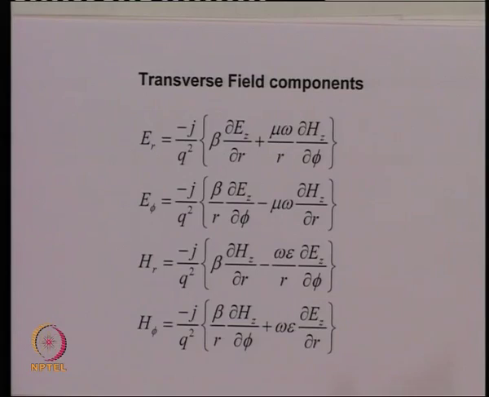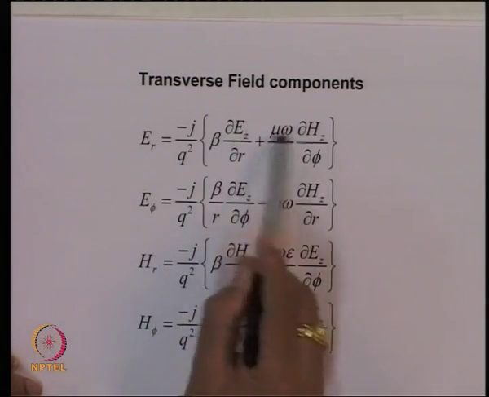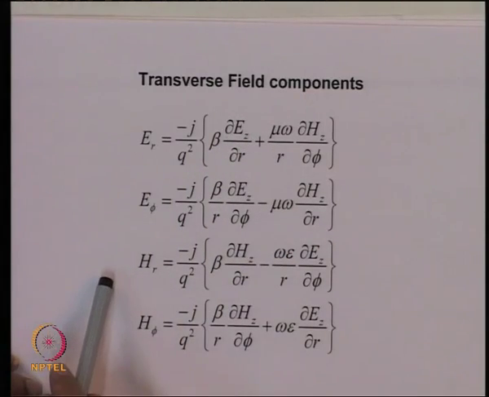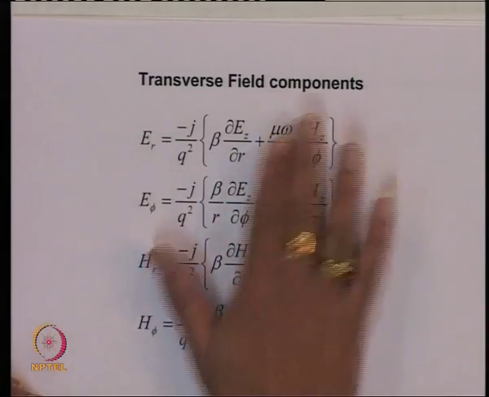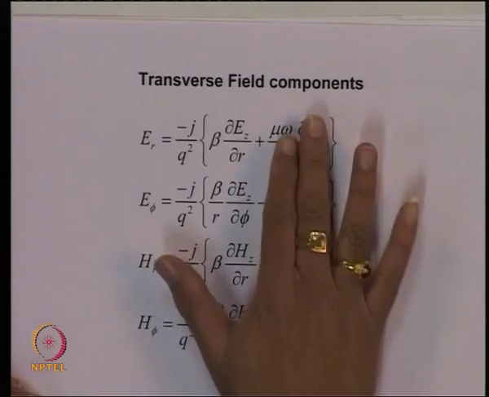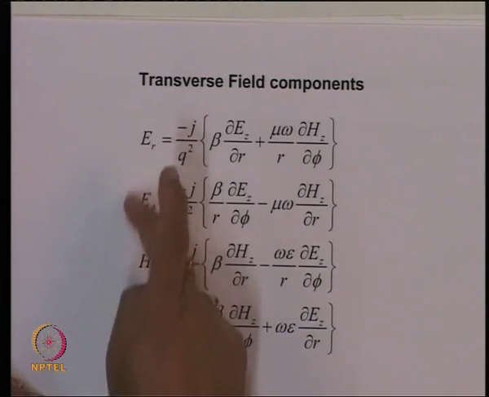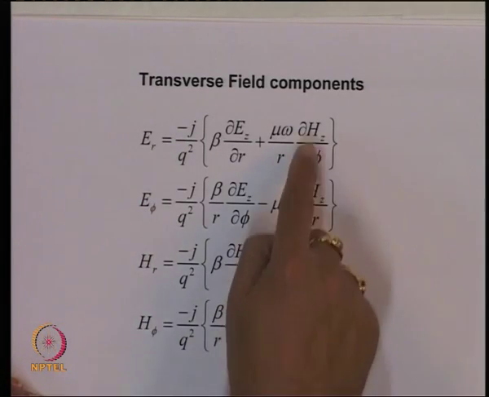A few things can be noted from this expression, and that is all the 4 components are expressed in terms of derivatives of Ez and Hz, and there is a possibility that even if one of the components is 0, that means suppose Hz is 0, this quantity will be 0, this will be 0, this will be 0, this will be 0. I still can have the transverse components when Hz is 0.